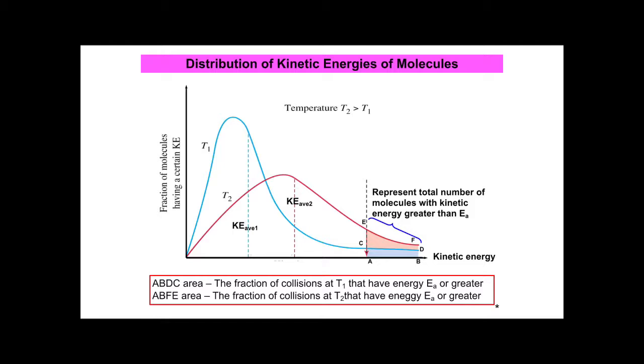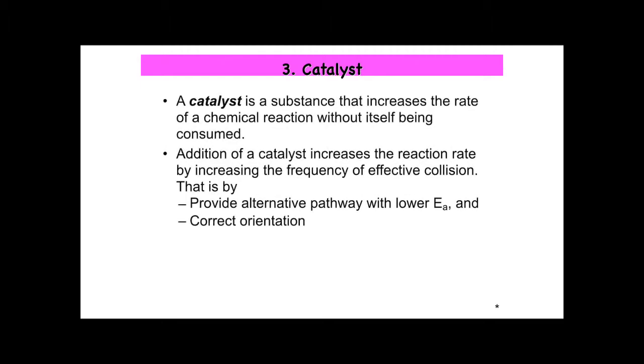You can see that the area for T2 is larger than the area for T1. This means that more molecules have greater energy than activation energy at temperature T2, which is higher than T1. This distribution curve is called Maxwell-Boltzmann distribution curve.